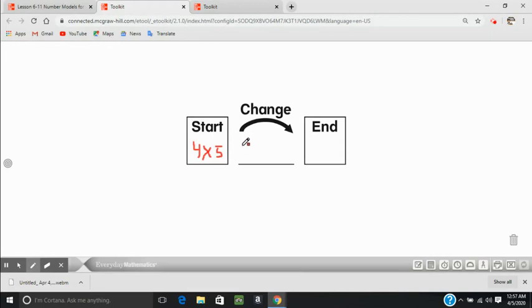We changed was minus M. And we ended up having 8 left. Well, knowing my facts, I know 4 times 5 is 20. So now we have 20 minus something equals 8.